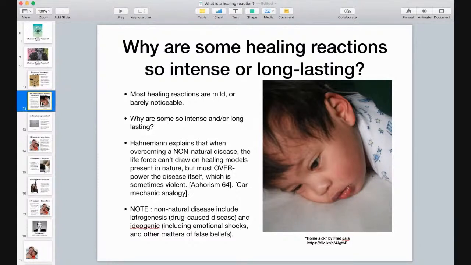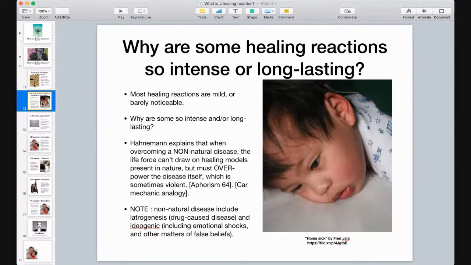And that's quite normal, that the vast majority, let's say at least 80 to 90%, if not more, of healing reactions are barely noticeable, and they barely make a mark on the person's radar screen.